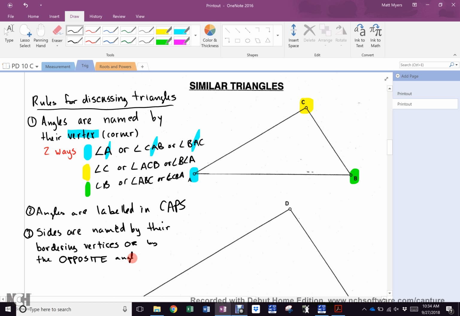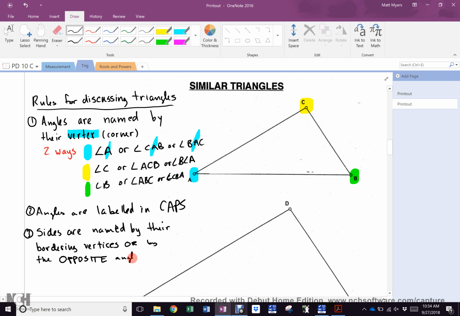FD, DF, or Lil e. What's this side? DE, or ED, or little f. What's this side? FE or EF or lil d.